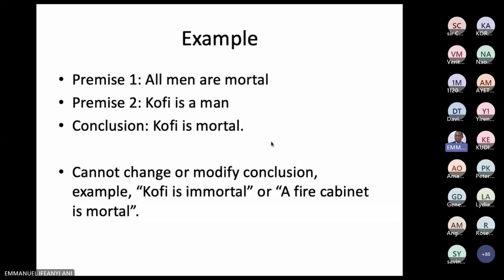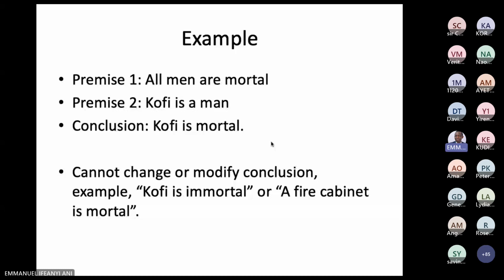When you look at premises 1 and 2 and the conclusion, you see that there are three terms: men, mortal, and Kofi. If you look at premises 1 and 2, the concept of men occurred twice. It occurred in premise 1, and men also appeared in premise 2.